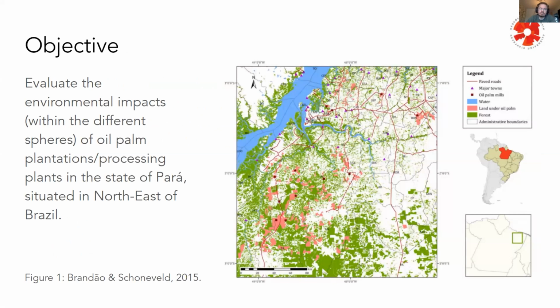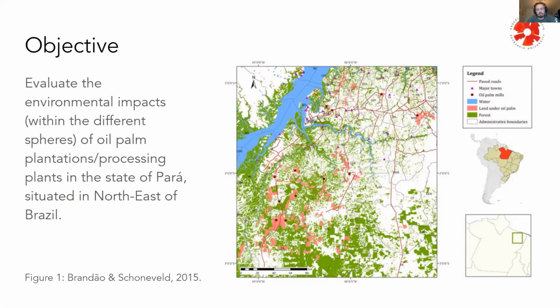So our objective will be to evaluate the environmental impacts within the different spheres of the oil palm plantations and processing plants in the state of Pará, situated in northeastern Brazil. If you can see the map of South America on the right, Pará is the larger state that's highlighted in red.